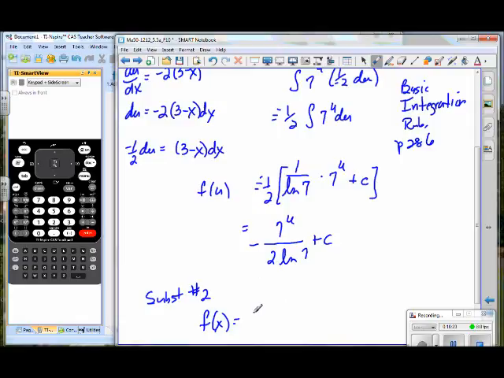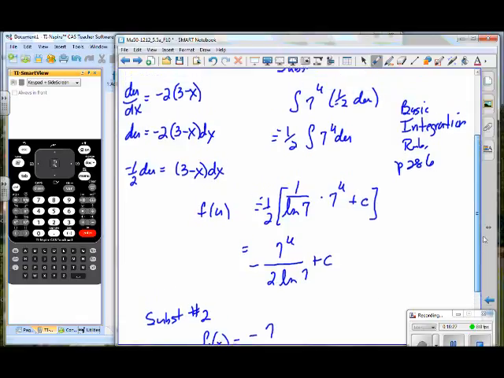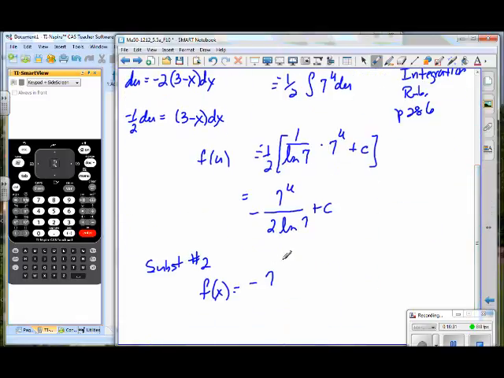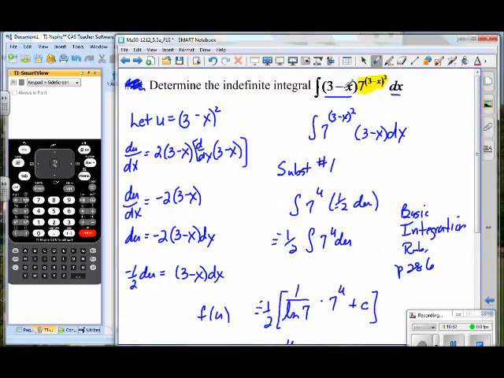So we have negative 7 to the u power, and again, u is 3 minus x, that quantity squared, and the exponent there, divided by 2 times the natural log of 7 plus c. I encourage you to check that problem, make sure that it is correct, that this function does generate this derivative up here.